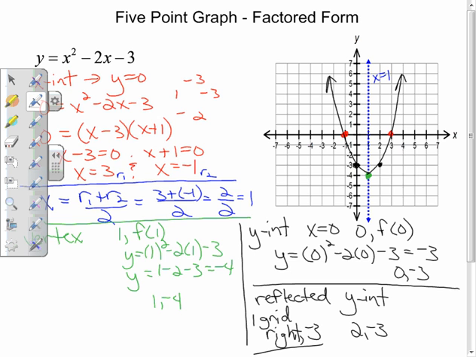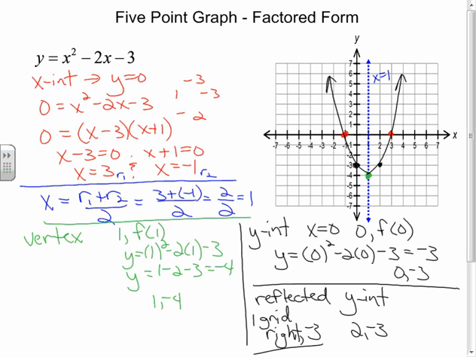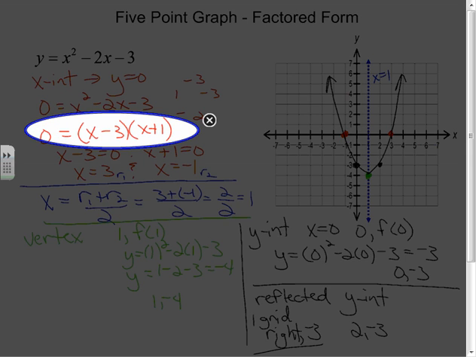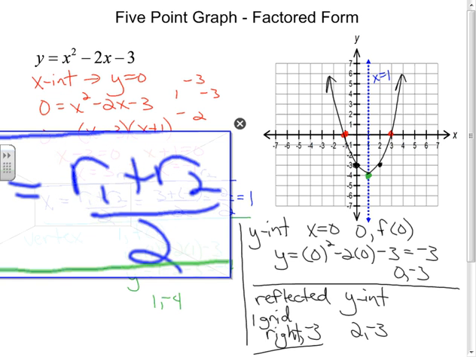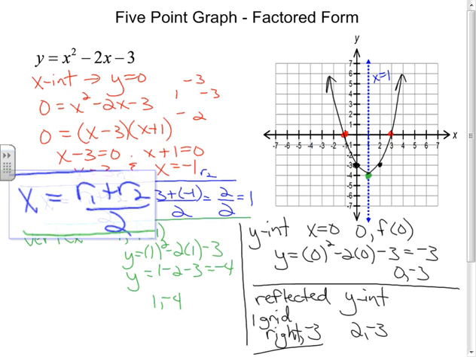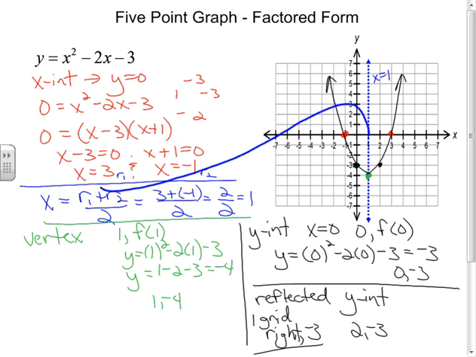And that is that. So, in a review, we just need to realize that the x-intercept is gotten by factoring the given expression, setting it equal to 0, and using the zero product property. This formula here is the average of the two roots, which is going to help me find the point that's right in between the roots.